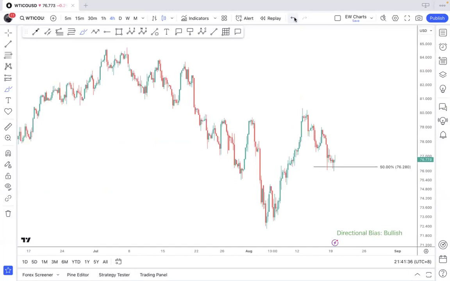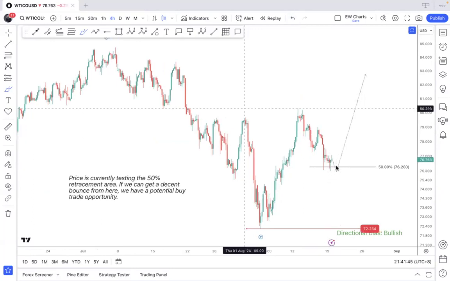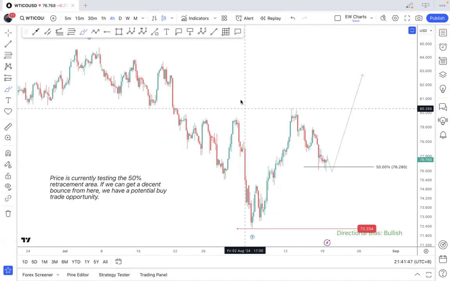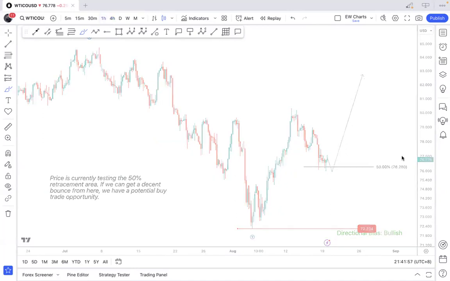Okay. Next one here is crude oil. I'm bullish overall. The market is currently being supported around that 50% fib. Pretty decent as well.